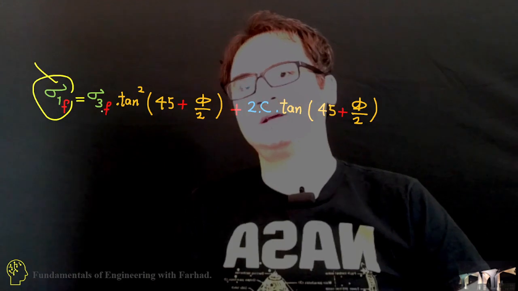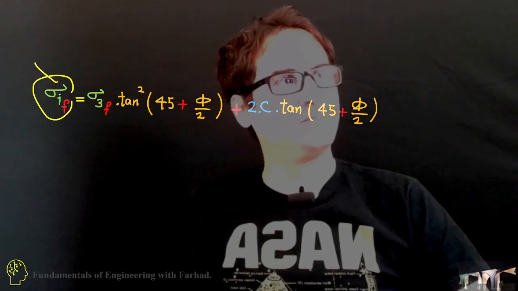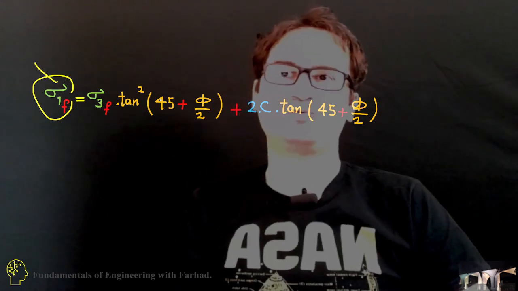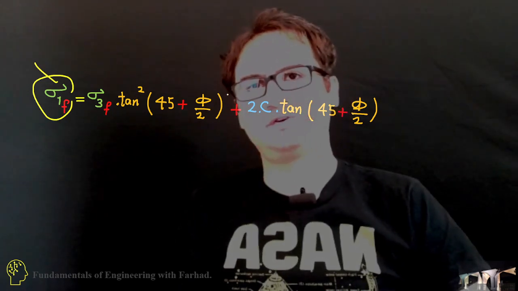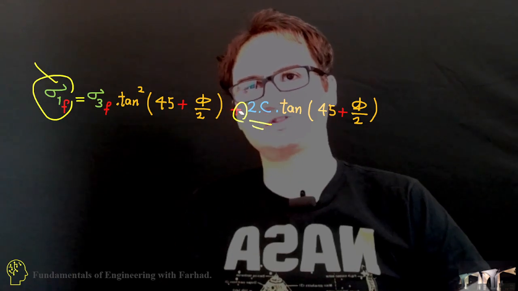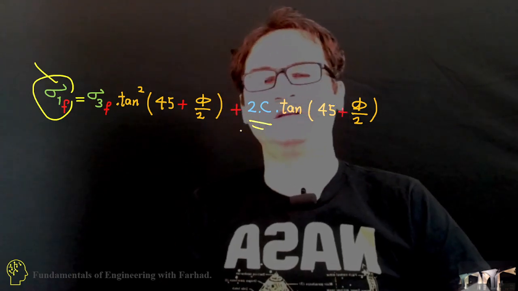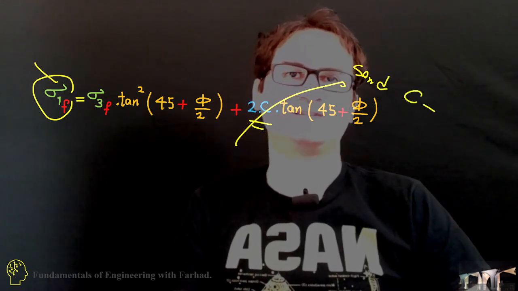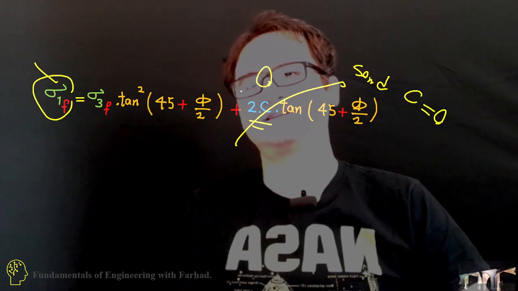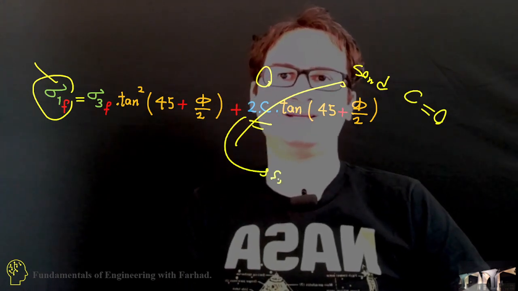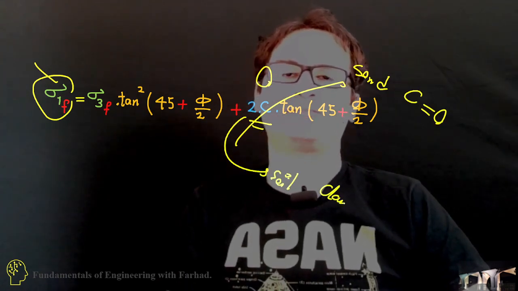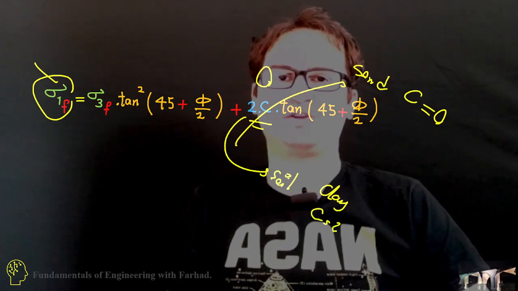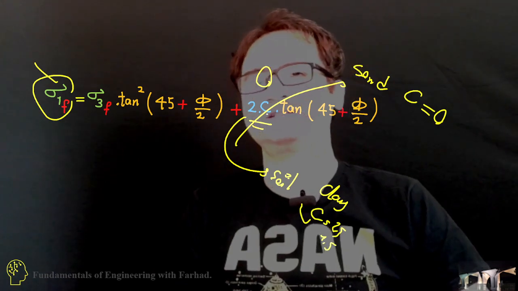That's sigma major at the failure time equal to sigma minor times tangent squared of 45 plus phi over 2, plus 2 times cohesion of the soil times tangent of 45 plus phi over 2. If your soil is sand, there is no C, so you don't have this term. If your soil is clay, then you have some C, like 2.5, 1.5, so you have this term.